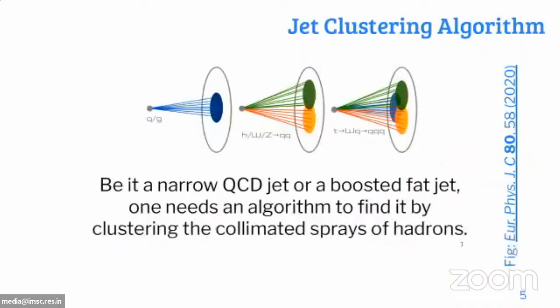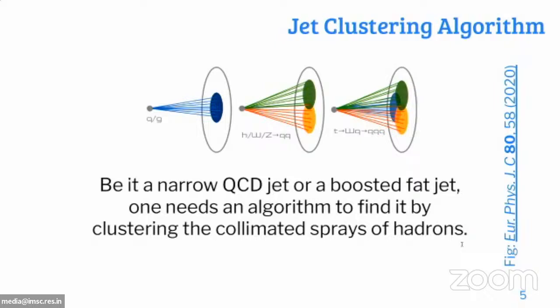But characteristically, this jet, for example a W jet, Z jet, or top quark jet, is slightly different from quark and gluon jets, because the latter tend to be narrower in size and their mass tends to be very small, whereas top quark and these jets are slightly fatter in size and their masses are heavy.